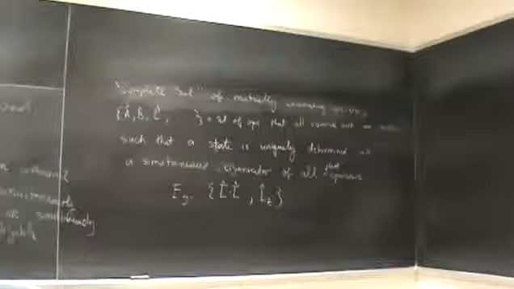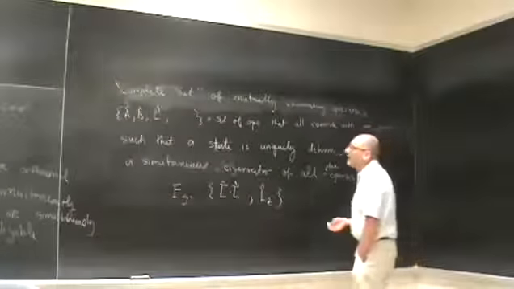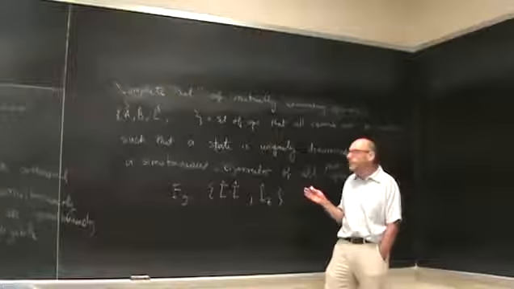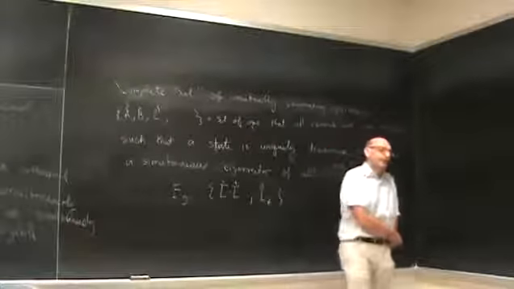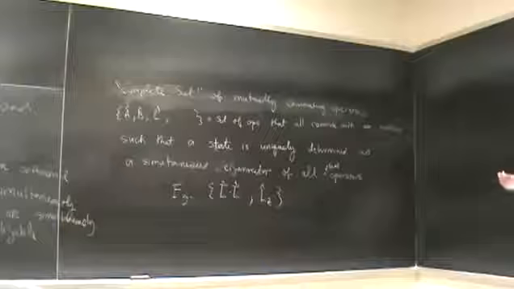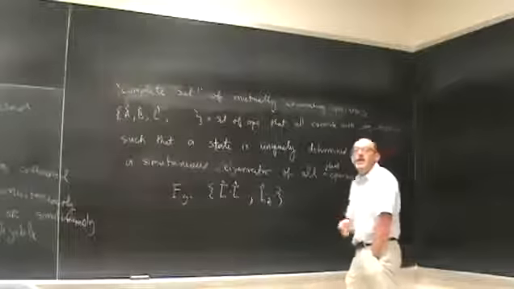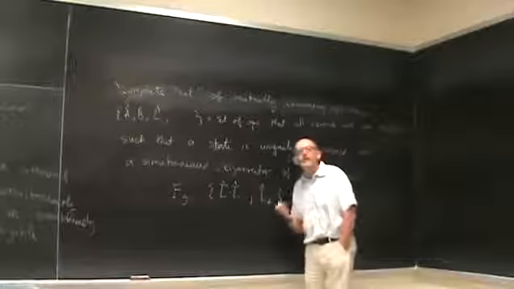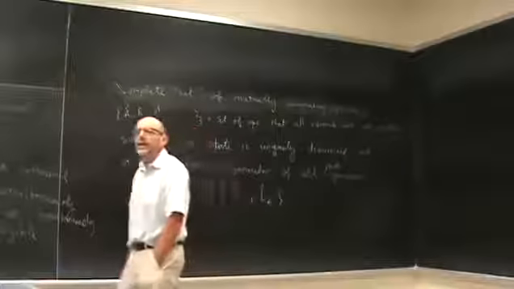That is to say, every state is specified as a simultaneous eigenvector of those two operators. If I just told you one of those operators, and I said find its eigenvectors, that won't tell me uniquely what the state is because of degeneracies. But by specifying both of these, I'm guaranteed there's only one state.